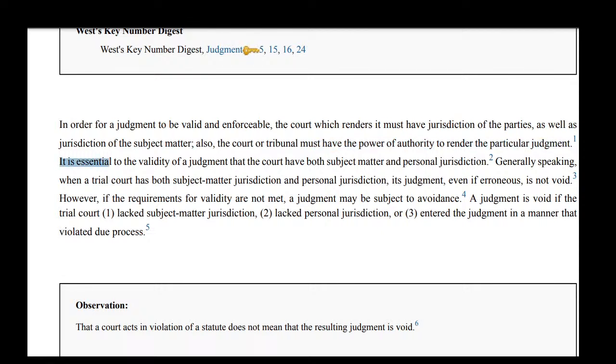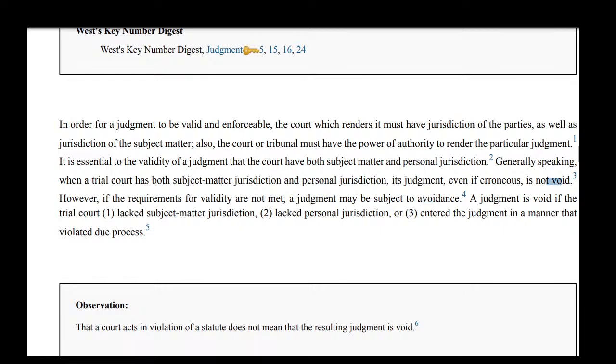It is essential to the validity of a judgment that the court have both subject matter and personal jurisdiction. Generally speaking, when a trial court has both, its judgment, even if erroneous, is not void. However, if the requirements for validity are not met, a judgment may be subject to avoidance.